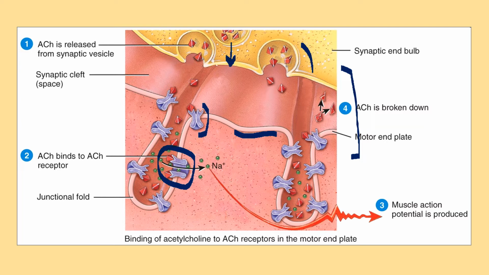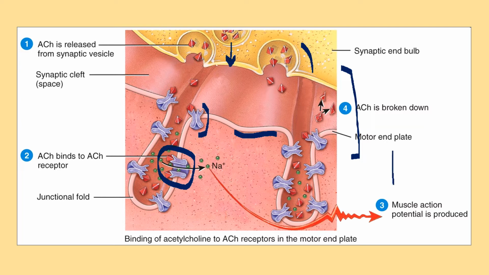So we see 2 of these red molecules of acetylcholine bound to 1 acetylcholine receptor, and that receptor changes shape. It opens up and allows sodium ions to enter the cell. So again, the question is, what happens to the membrane potential in the muscle cell with this influx of sodium?